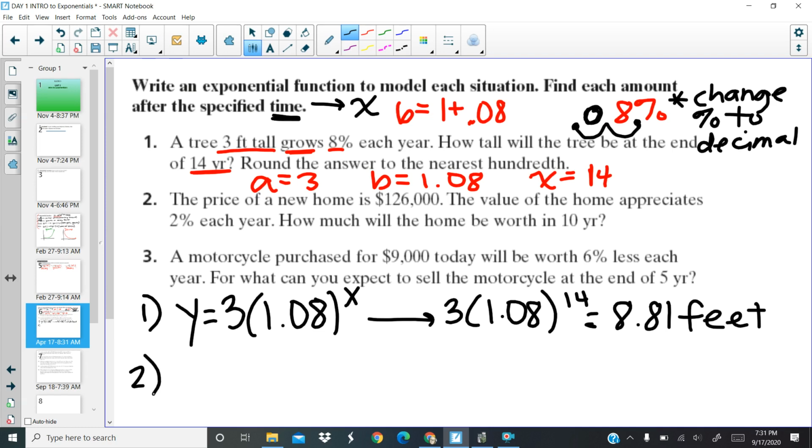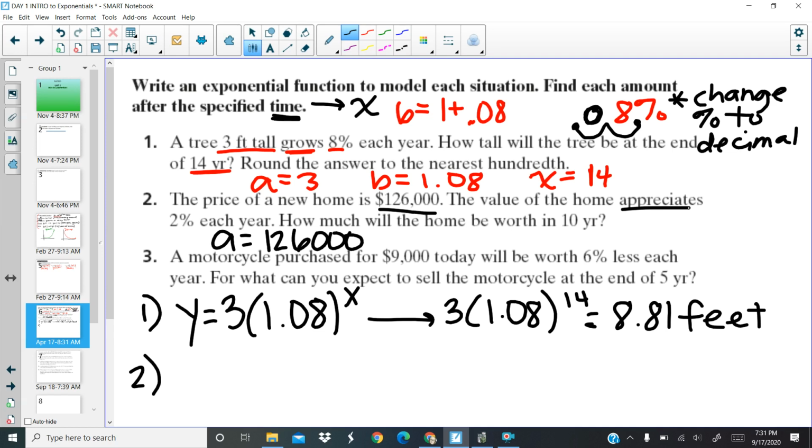This one is the price of a new home is $126,000. So that's the new home, that's the very beginning. So A is going to be $126,000. The value of the home appreciates. Appreciates means growth. So if it says appreciates with an A, then it's growth. If it says depreciates with a D, then it would be decay. So that's just something to make a note of.